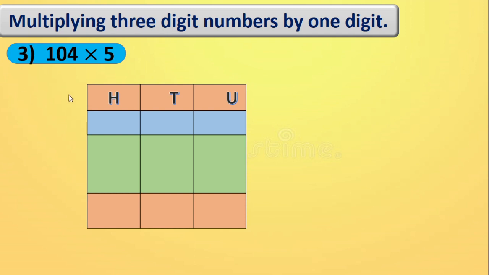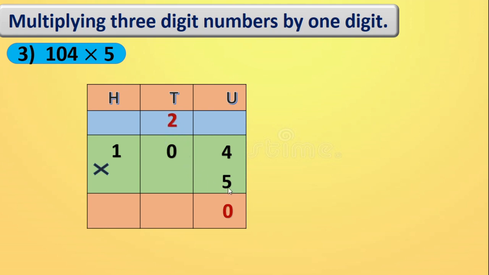Now what we will do? 104 we will write like this. You know the place values of 104, isn't it? Multiplied by 5 we have to write in the unit place. Got this? Okay, now we'll start the sum. 5 4s are 20. Correct? We will write here 20 and 2 is carried over to the tens place, that you know.